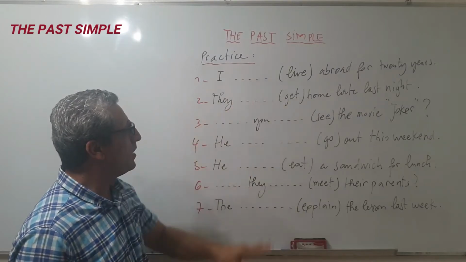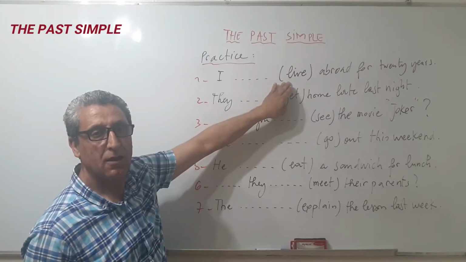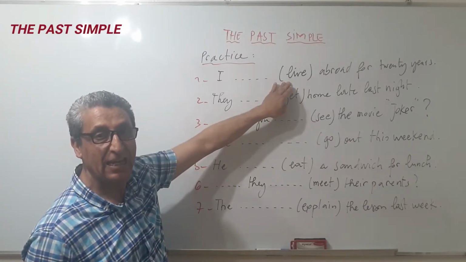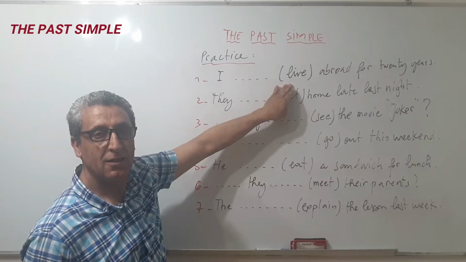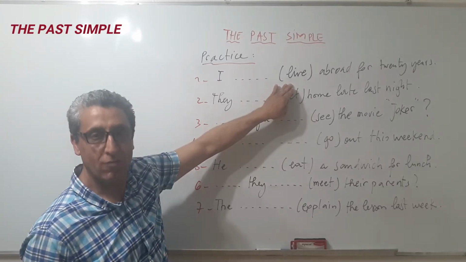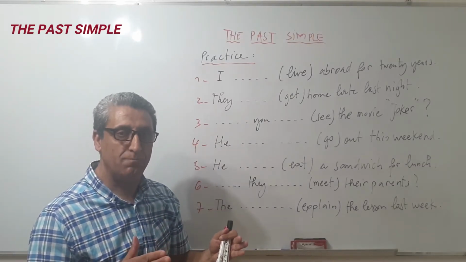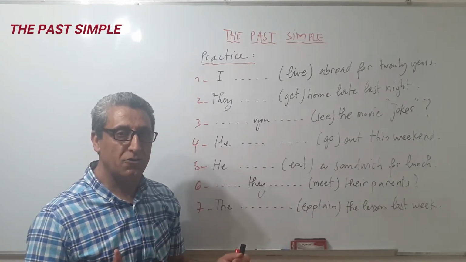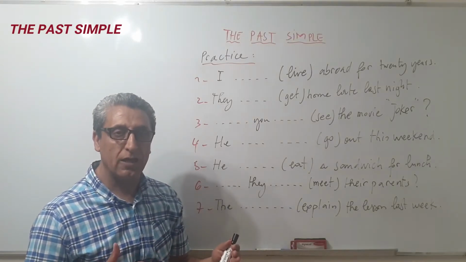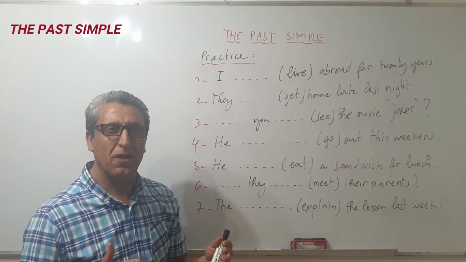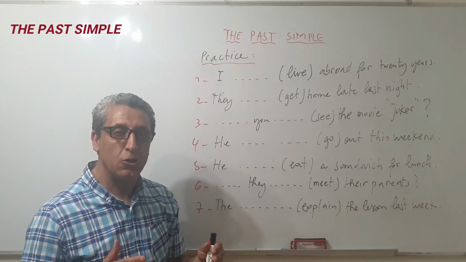So here, before you answer, you must first know this verb: is it a verb that takes ed in the past or is it an irregular verb? Live is a regular verb. By the way, irregular verbs, we can find them on the net or in English books. There is a list of irregular verbs. There are around 400 irregular verbs in the English language, but of course we do not use all of them.